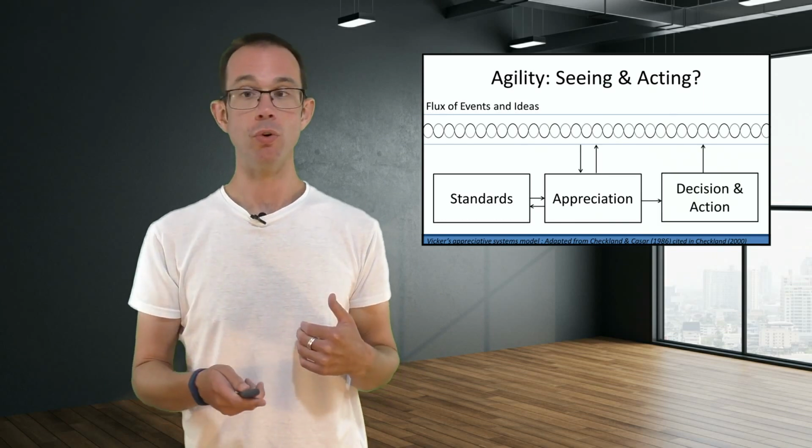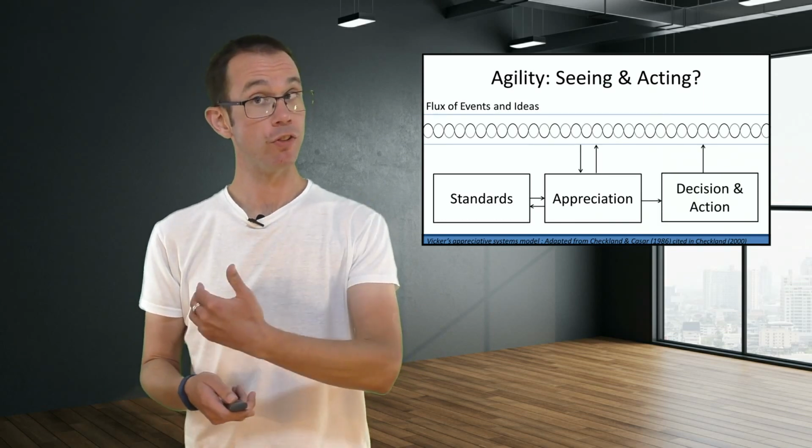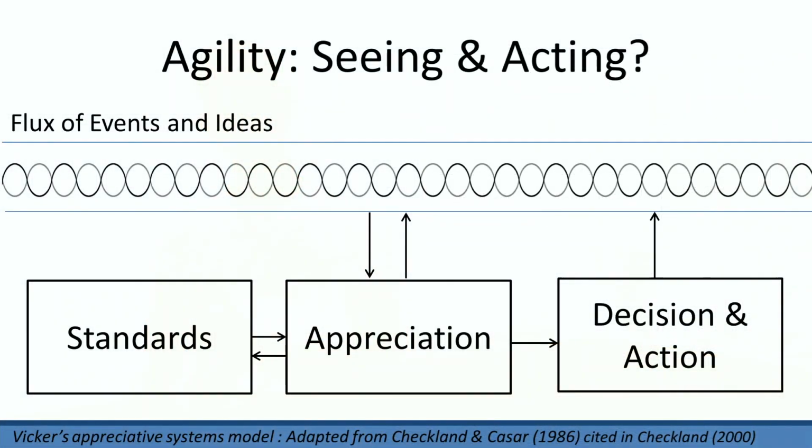And then, of course, if it is relevant, a decision maker in an organisation needs to decide and some action needs to take place. And we can help by serving up that information, helping the decision maker have the information they need to make a decision. But crucially, often there's a lag between something being seen and the action being taken.